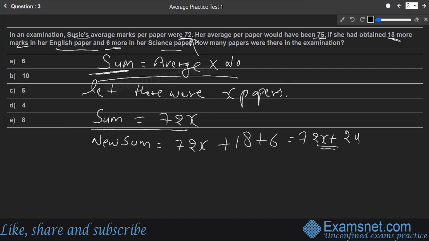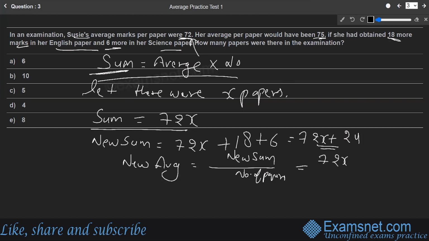This is the new sum she could obtain, and if she obtains this sum, her average would have been 75. The new average can be calculated as new sum divided by number of papers. The number of papers is still the same, but the new sum is different, so it is 72x plus 24 divided by the number of papers.